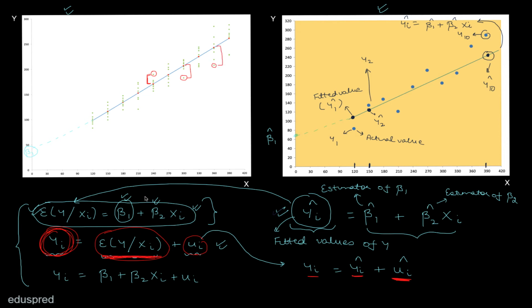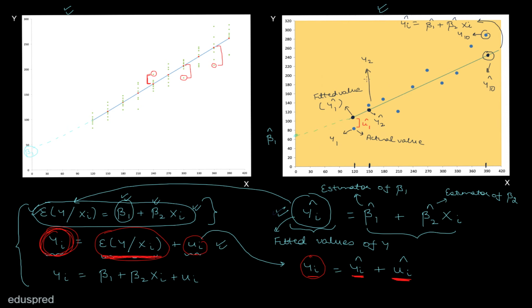Okay. And now we can do the same exercise for the sample error. The sample error is telling us the difference between the actual y value and the fitted y value. If you take a look at the first actual y value and the first fitted y value, then the difference between these two is your first sample error, that is u1 hat.